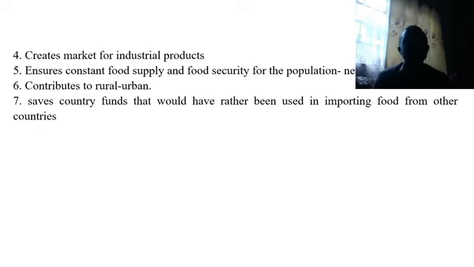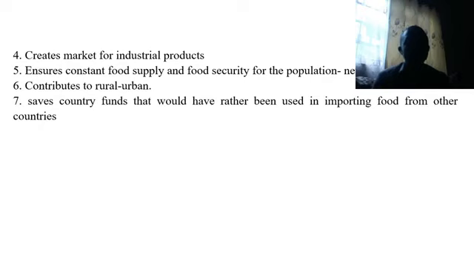Then we have, it ensures constant food supply and food security for the population. This is through the use of new technologies. So a country is secured because we have a lot of products from the farm, hence there is food security. Then it contributes to rural-urban migration.